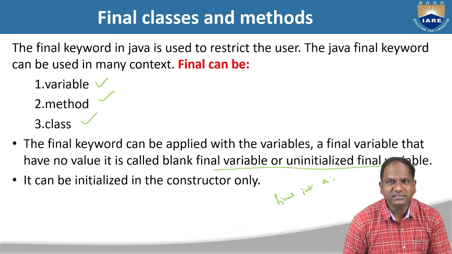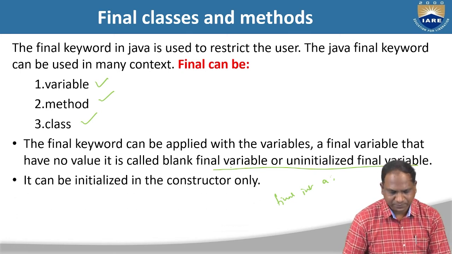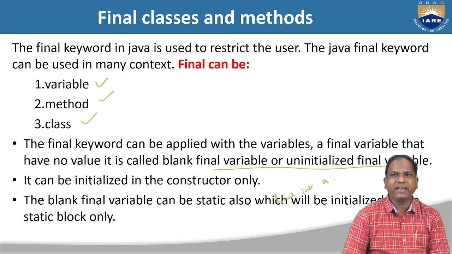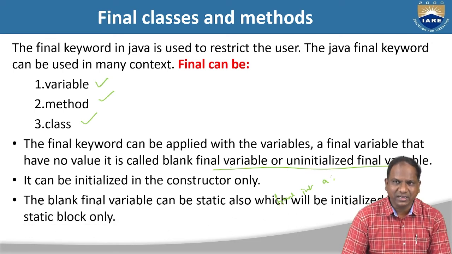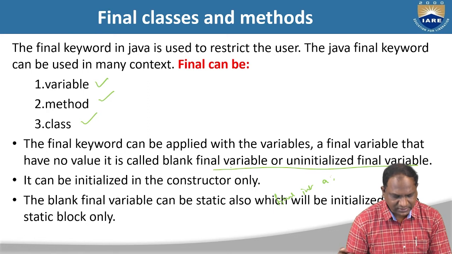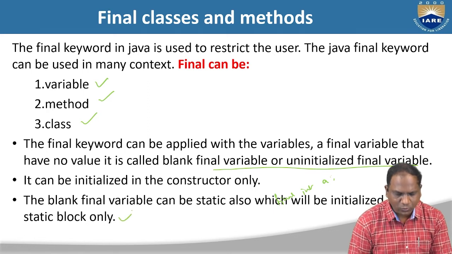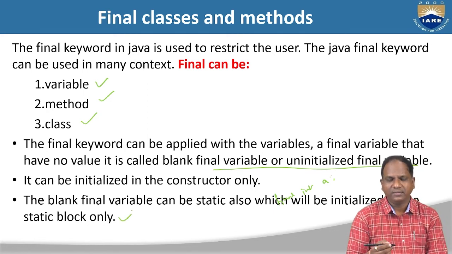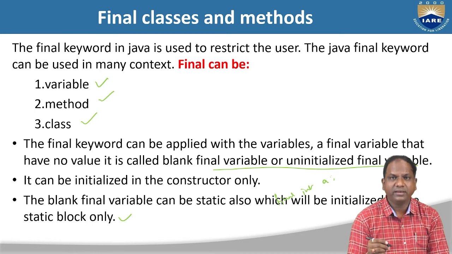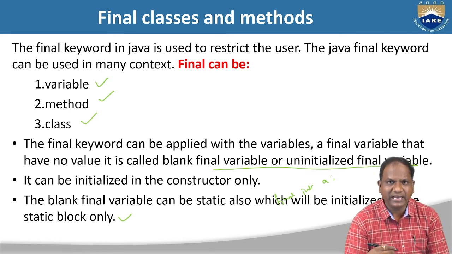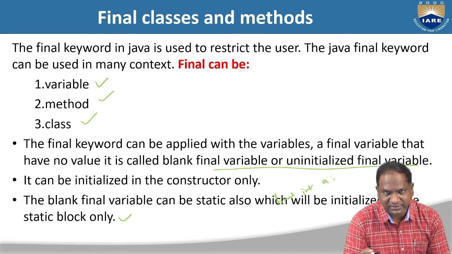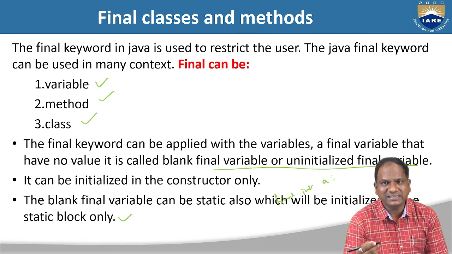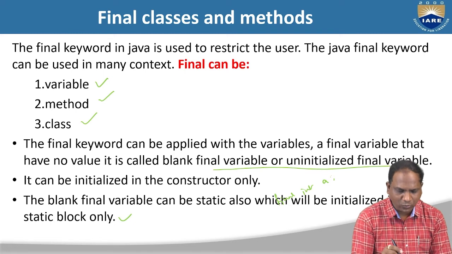It can be initialized in the constructor only, and a blank final variable can also be static, in which case it will be initialized in the static block only. So the blank final variable can also be static. It can be initialized in the constructor only, and when you make it static, it will be initialized in the static block only.